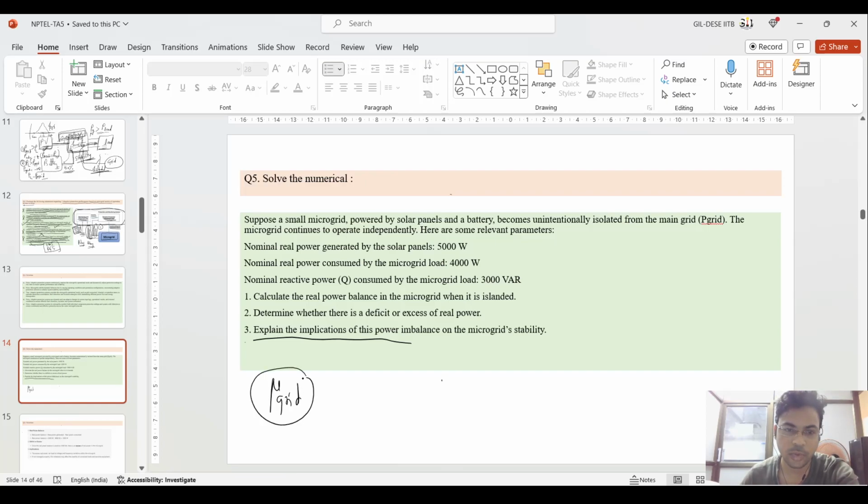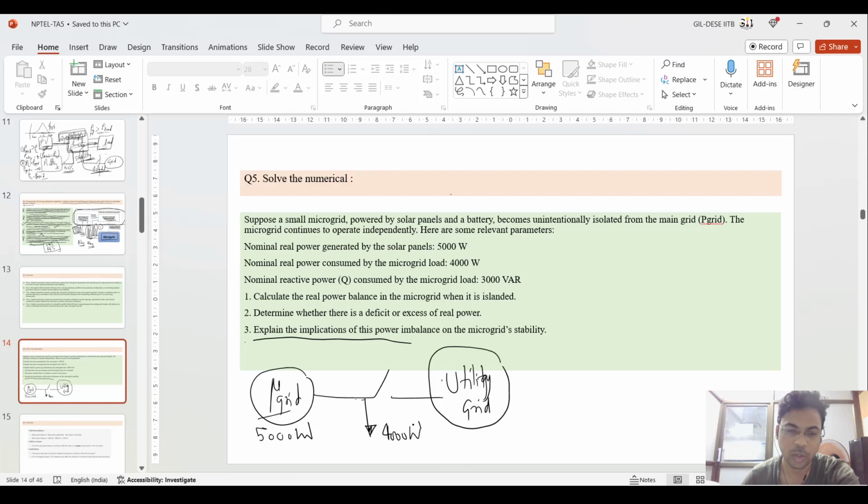Okay, let's come to the solution part. You have a microgrid setup which is connected to the utility grid. The question is saying that the PV generation in the microgrid setup is generating 5000 watt, and you have one load also connected at this point here.